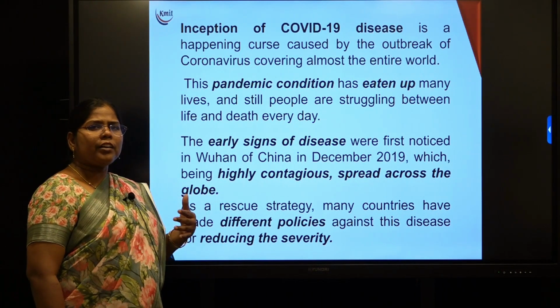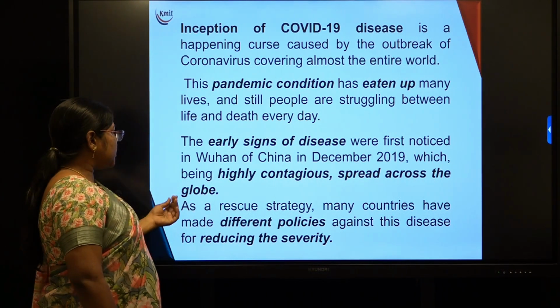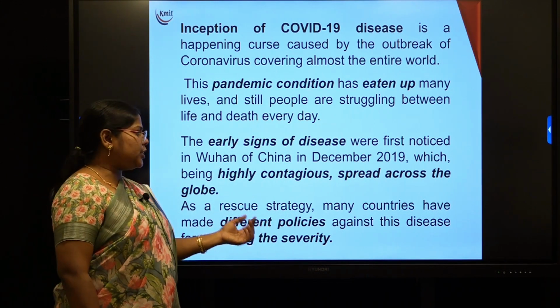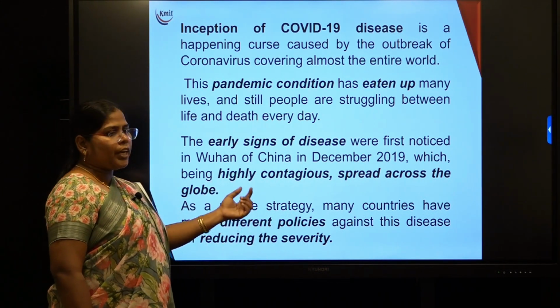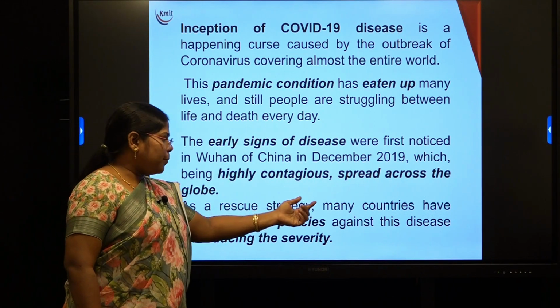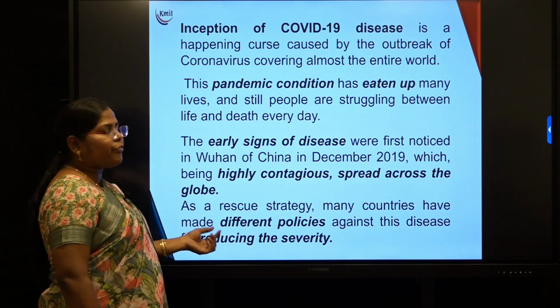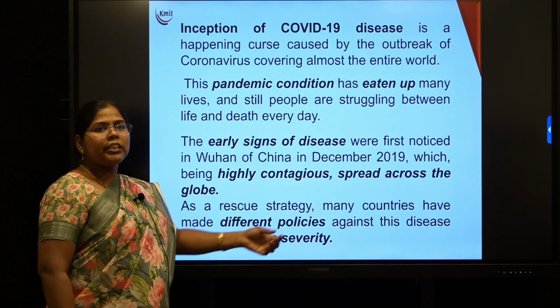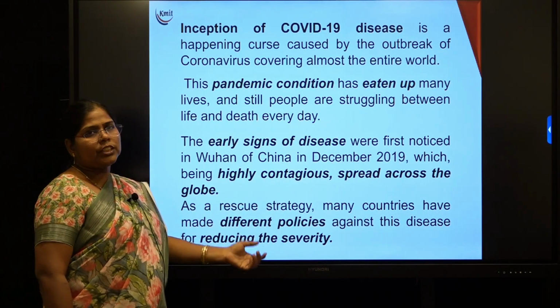It has affected a lot. To create strategies and rescue, many countries have taken different policies against the disease for reducing the severity.